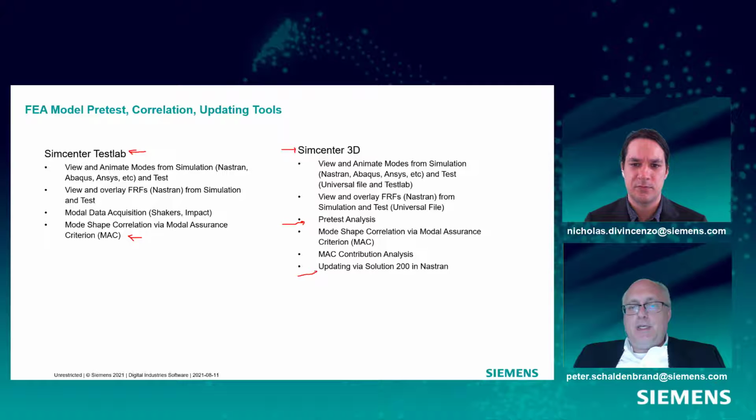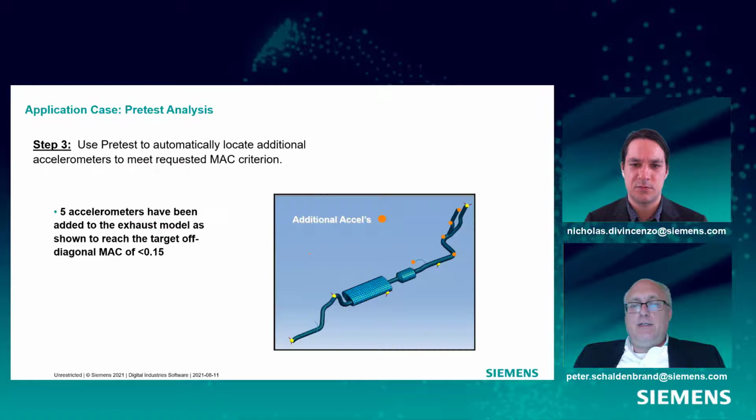It also lets me update models and do MAC contribution analysis and some other things that are not in Test Lab. And the idea of SimCenter 3D is I can do this pretest where I give it some initial points. I can tell it the off-diagonal MAC should be below a certain threshold, and it'll tell me how many points I need to measure in order to uniquely identify all the shapes.